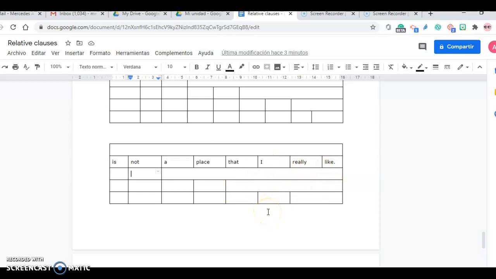I is the subject, really like is the predicate, really is an adverbial adjunct of degree, adverb, like is a transitive verb, and that is the direct object of this transitive verb that has been moved to this position, and it is a defining relative pronoun.